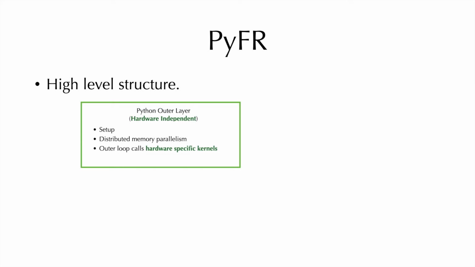And so within this framework, all of the actual compute is performed by hardware-specific kernels rather than Python code, which is relatively slow. And this Python code is completely hardware independent.